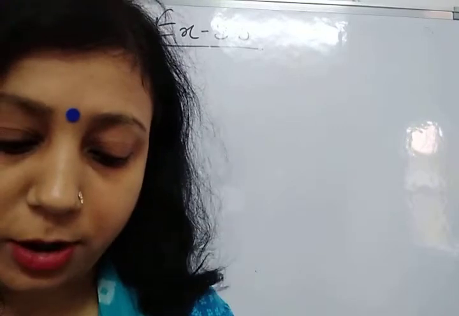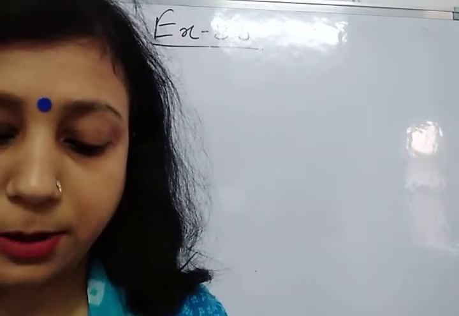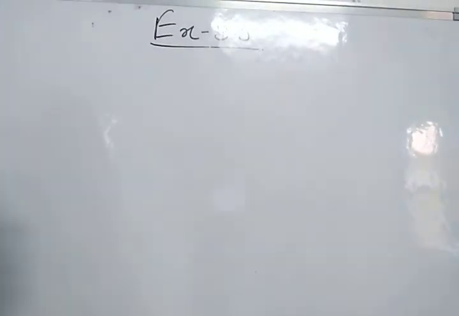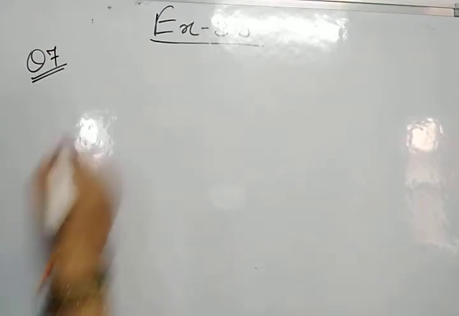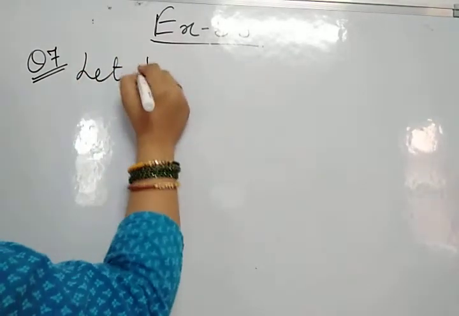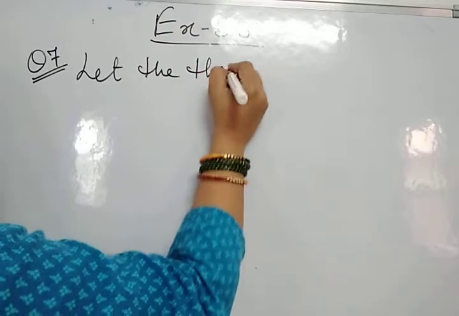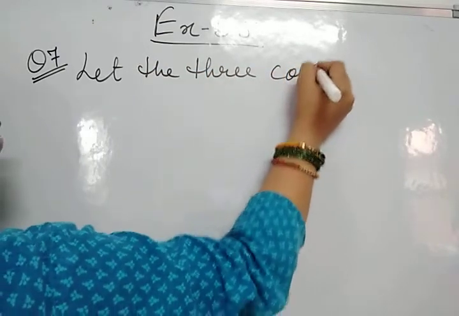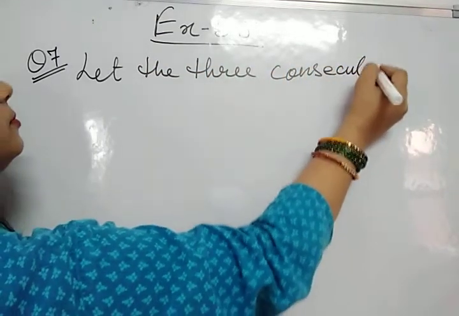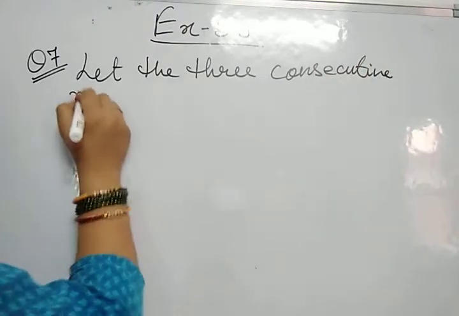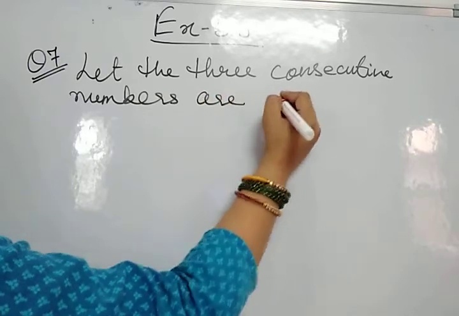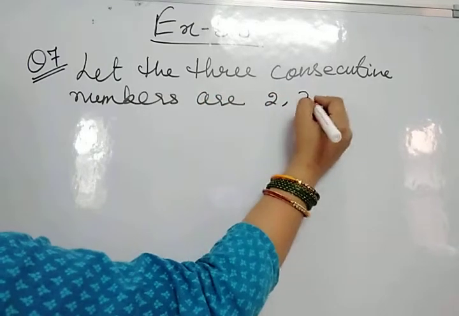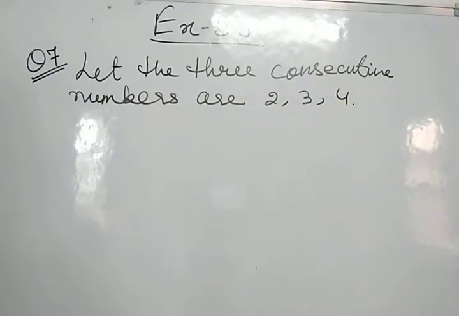The product of three consecutive numbers is always divisible by 6. Verify with the help of an example. Let the three consecutive numbers be 2, 3 and 4.